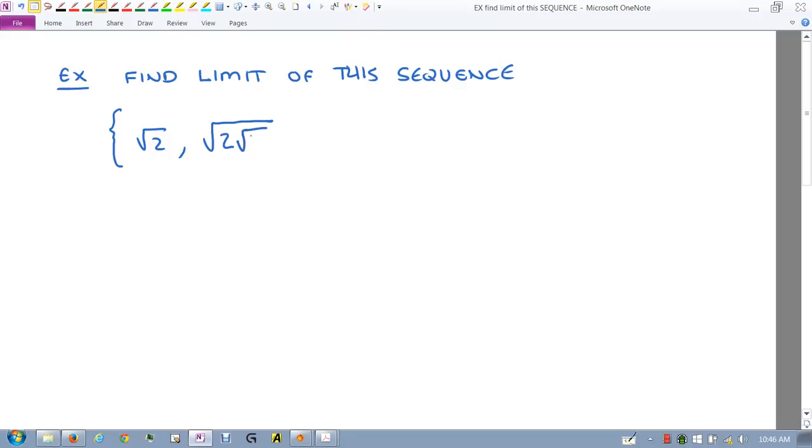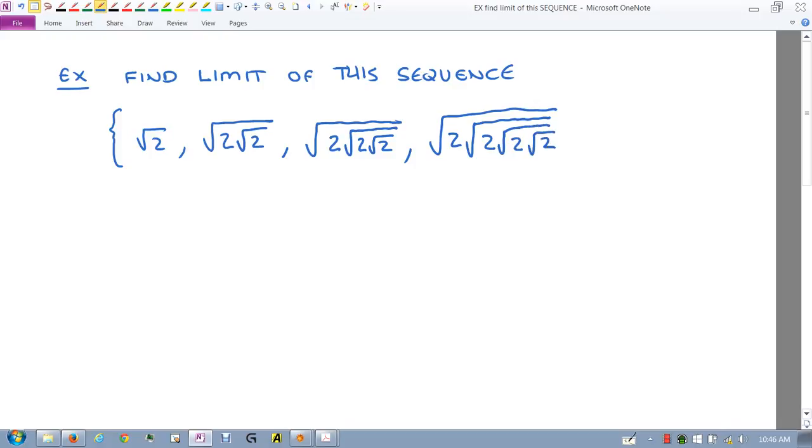That would be very hard. Root 2, root 2, root 2, root 2, root 2, root 2, root 2, dot, dot, dot.